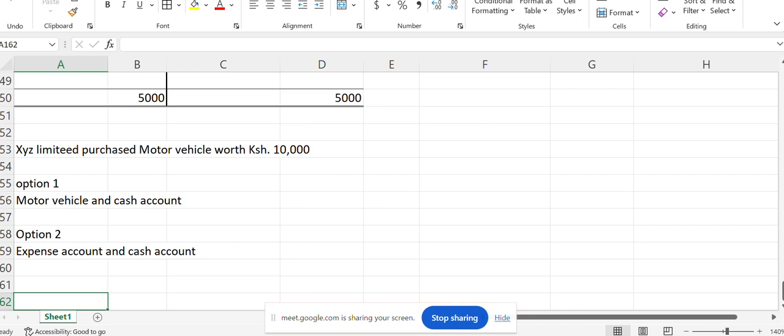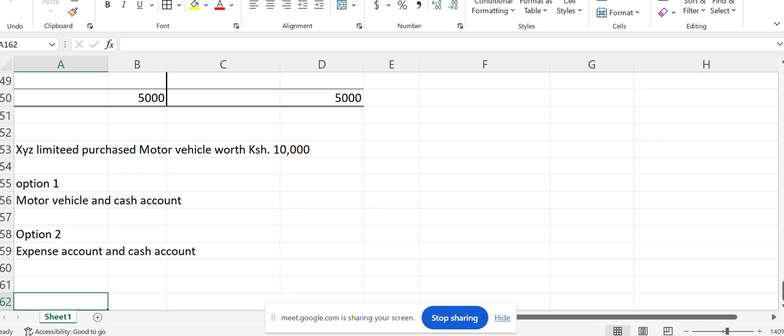And expenses are normally debited in the trial balance. Someone else may argue that the motor vehicle will help me generate revenue, so it is an asset.